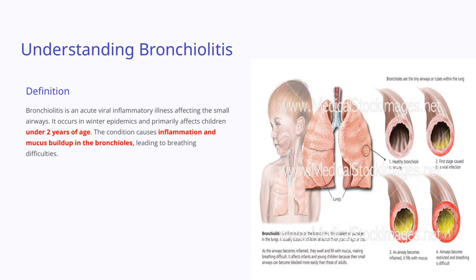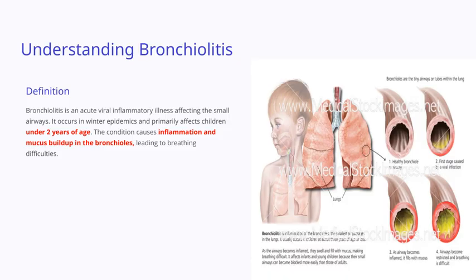This is a vulnerable age group because their immune systems are still developing, and their airways are smaller and more sensitive. The main problem here is inflammation and mucus buildup in the bronchioles. When these tiny airways become inflamed and filled with mucus, it makes it harder for the child to breathe properly. This is why understanding bronchiolitis is so important.